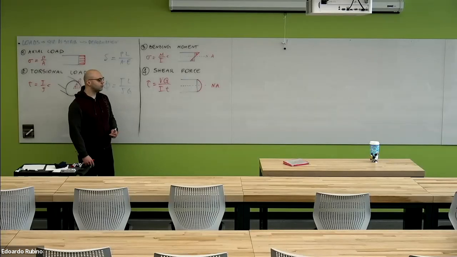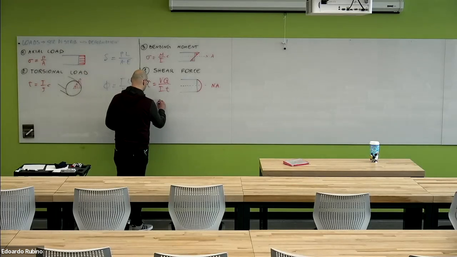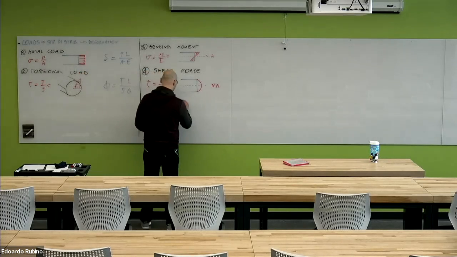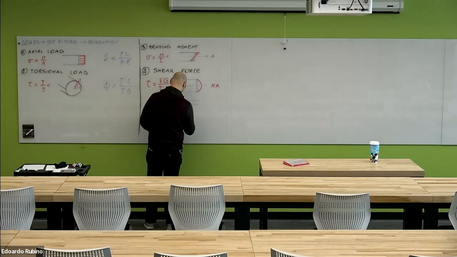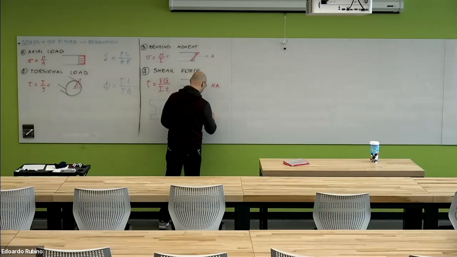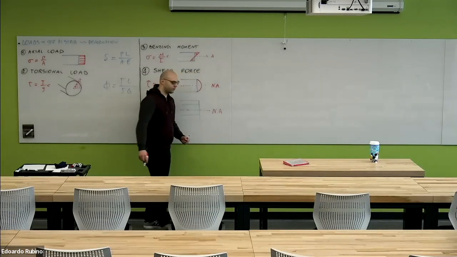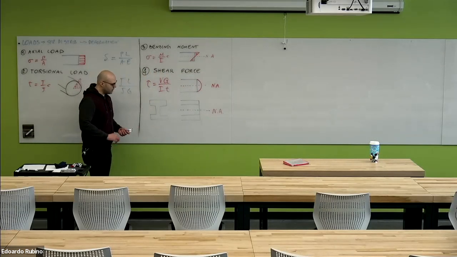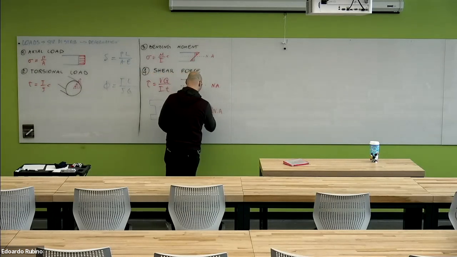If we move to more complex cross sections, for example, if we have a cross section that has an I shape, if we have this cross section, the side view looks like this. We also have the neutral axis in the middle of the cross section, assuming that we have a symmetric cross section, and then the distribution in this case looks like this.